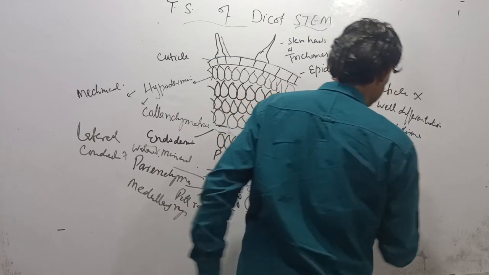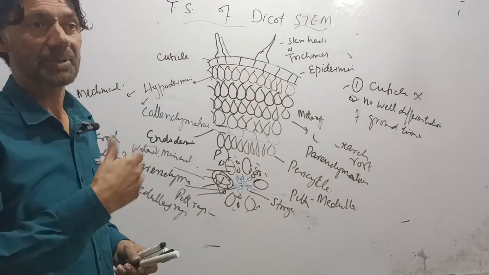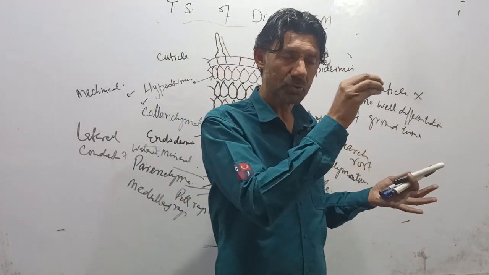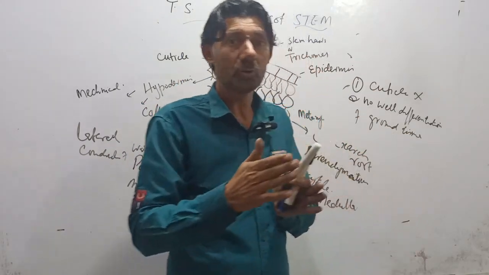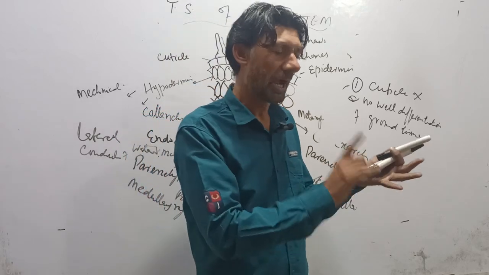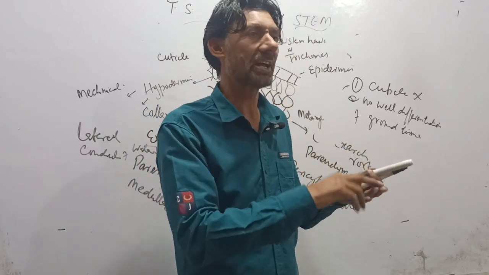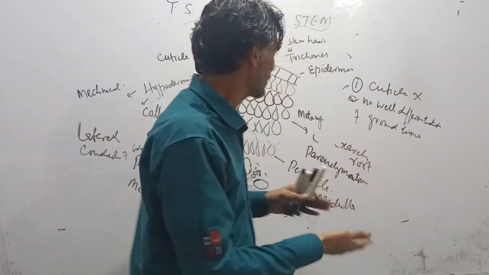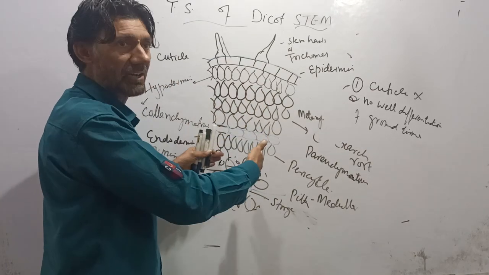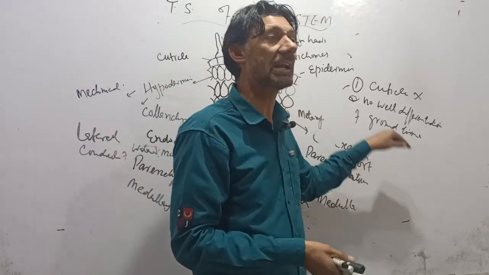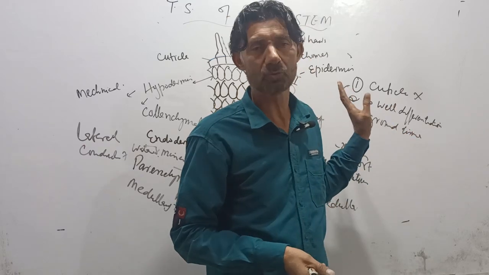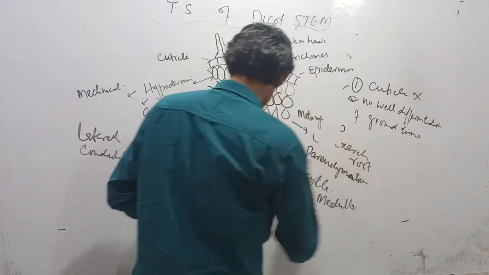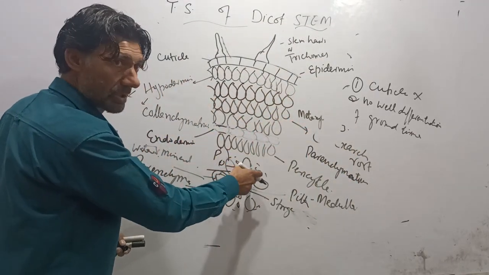In the dicot, everything inside the epidermis up to the vascular tissue, namely hypodermis, endodermis, pericycle, pith and medulla, is called ground tissue, and it is well differentiated. But in the monocot there is no such differentiation of ground tissue.